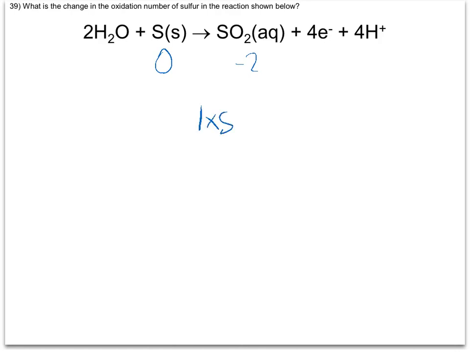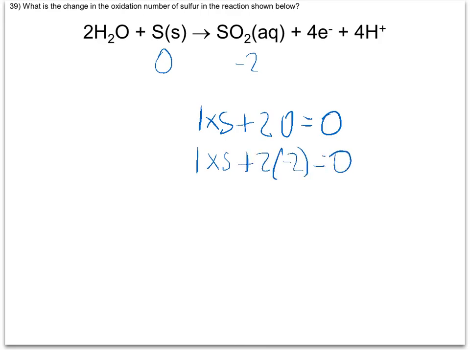So we have 1 sulfur, and we have 2 oxygens, and we know that the compound has to equal 0. We don't know the charge on sulfur, but we know the charge on each oxygen is -2. So we have sulfur, can get rid of the 1, 2 times -2 is -4, so sulfur plus -4 equals 0.